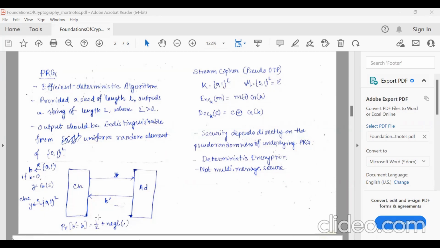Half is the default: through random guessing, the adversary should be able to guess the right bit B with probability half, and apart from that, it should have only negligible probability of winning the game. When this condition is satisfied, that the adversary's winning probability is half plus negligible, only then do we say that the PRG is secure.